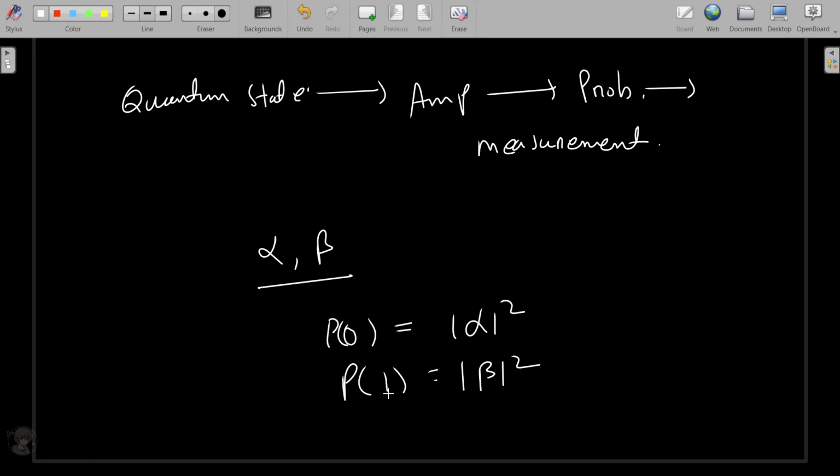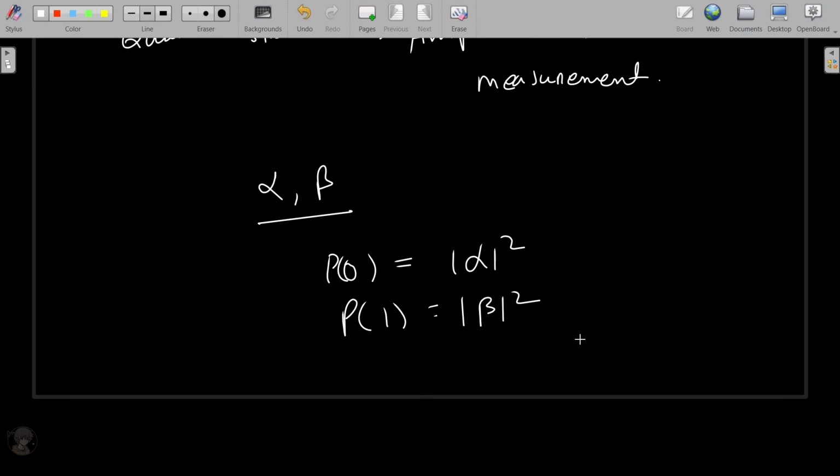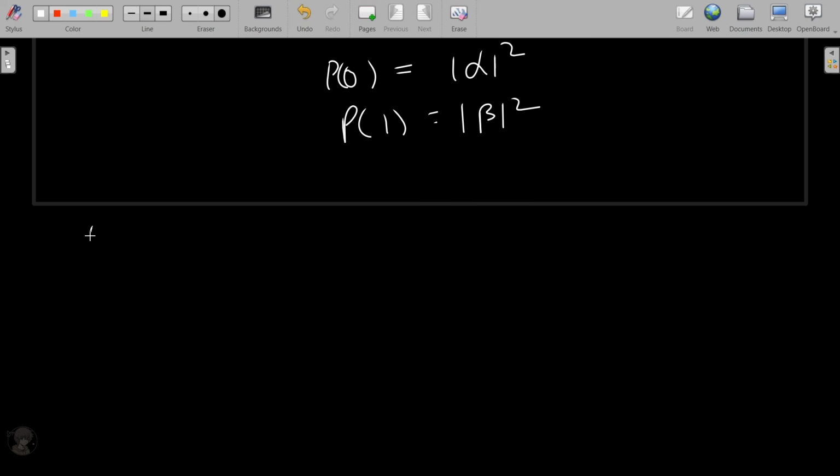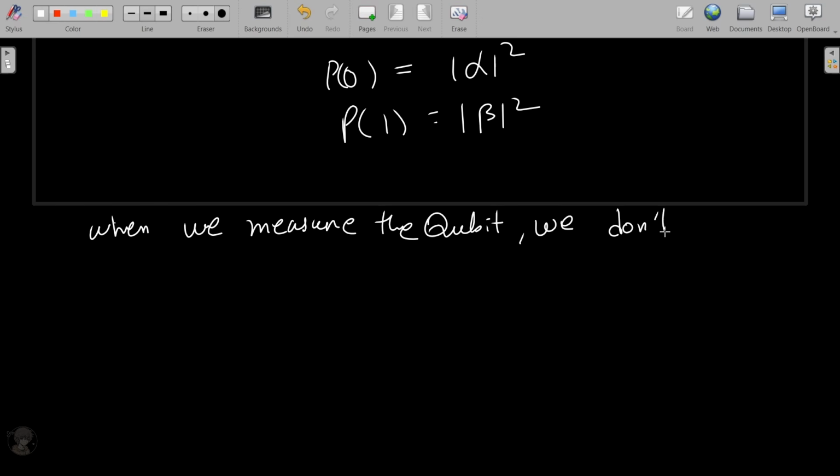When you measure the qubit, we don't see the amplitudes anymore. Let me write it over here. When we measure the qubit, we don't see amplitudes anymore.